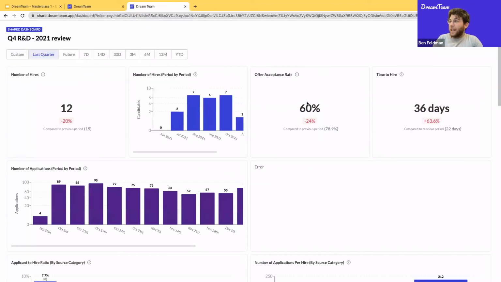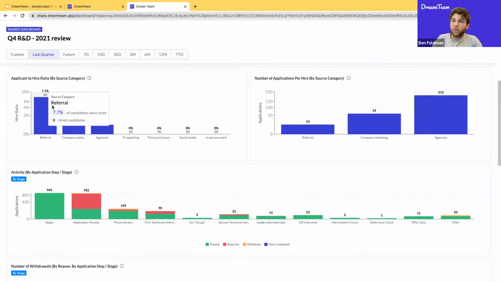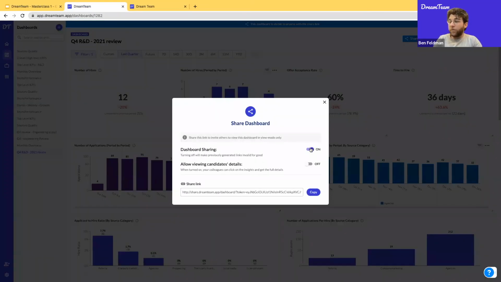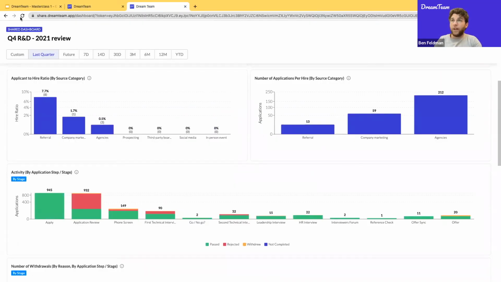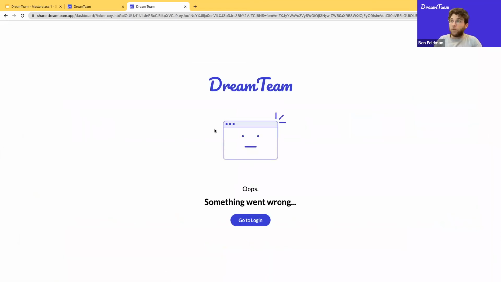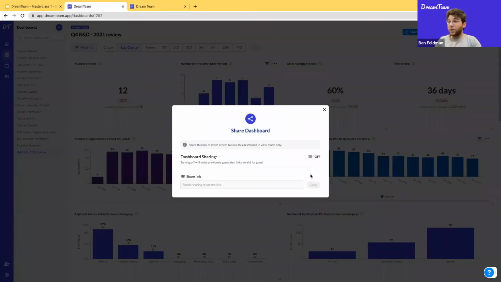As you can see, they can see all of the information, but they can't click into anything. You can always switch it off and the link will die. So if I refresh, they won't be able to see it anymore. But this information is actually shared live, so as the information gets updated, so too will that link.